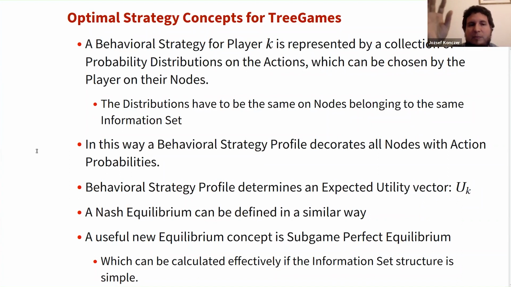And if we have a behavioral strategy profile, then we can talk about expected utilities. And then we can again talk about Nash equilibrium in sequential games as well. And there is actually another kind of equilibrium called subgame perfect equilibrium, which is very useful in simpler information sets, and it's much easier to calculate.